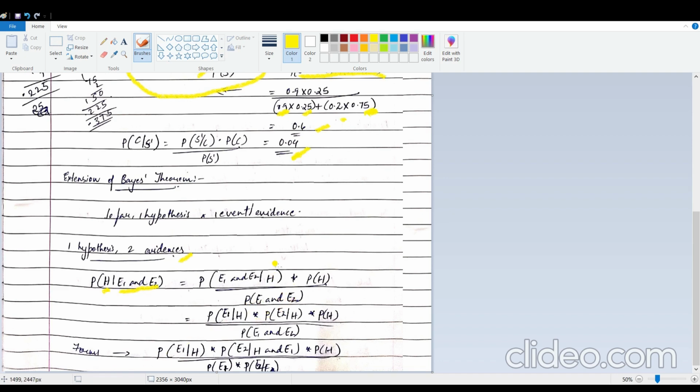Now from this, we can develop multiple formulae. And one of the formulae has been written here. So you can rewrite this as the probability of E1 given H multiplied by the probability of E2 given H into the probability of H divided by the probability of E1 and E2. Now this is right if the events are independent.